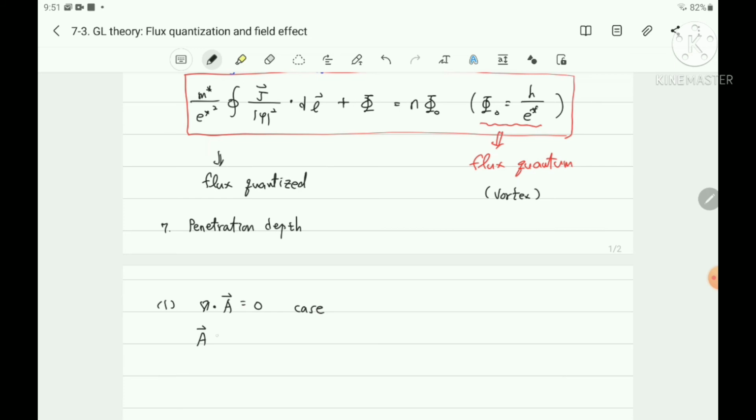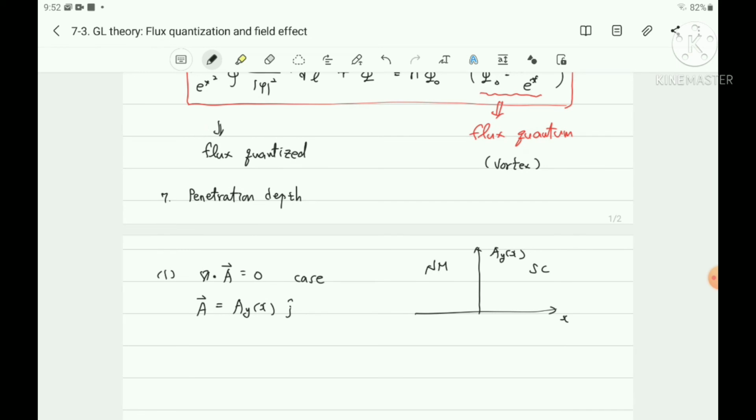In other words, the magnetic vector potential has only a y component, A_y(x), as a function of x. Here the superconducting state is inside, and this is the normal metallic or vacuum state. Any direction can be chosen, but this one is preferable.